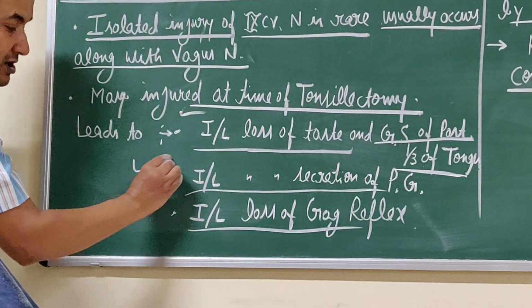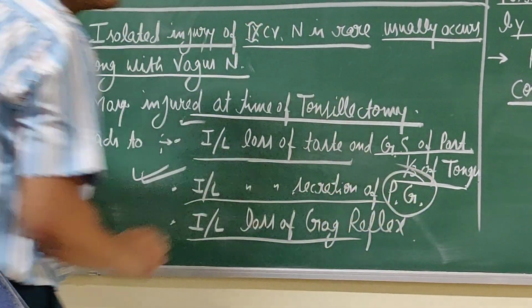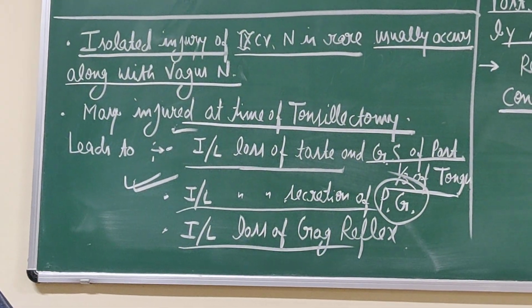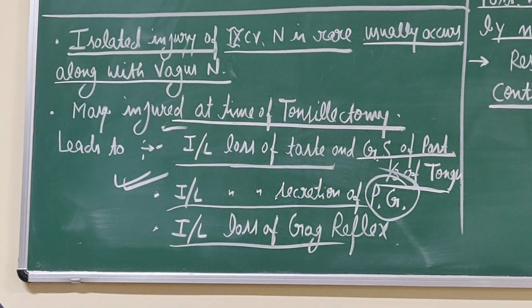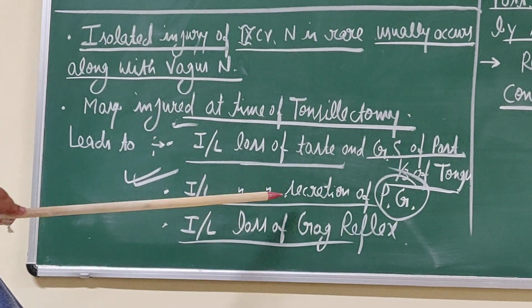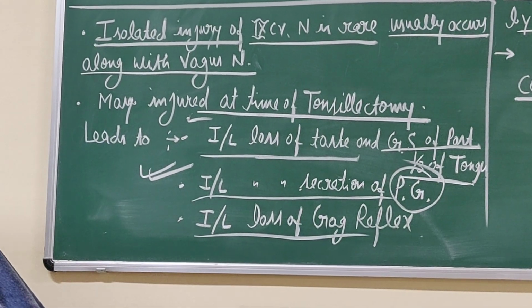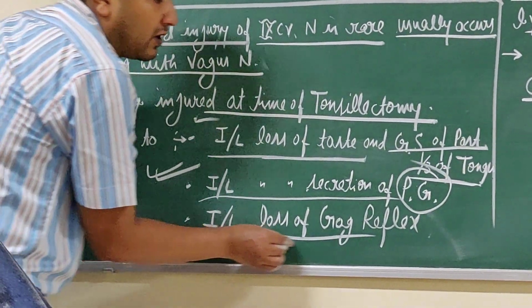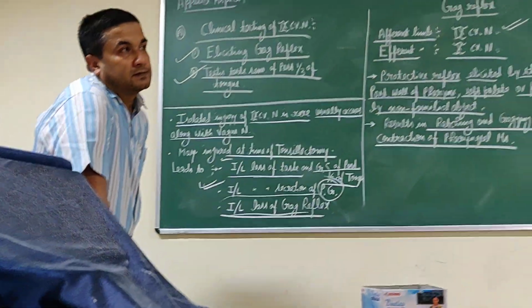Now, there is ipsilateral loss of secretion of the parotid gland. The secretion of the parotid gland is controlled by this glossopharyngeal nerve, so it will affect the secretion of the parotid gland. Then, ipsilateral loss of the gag reflex.